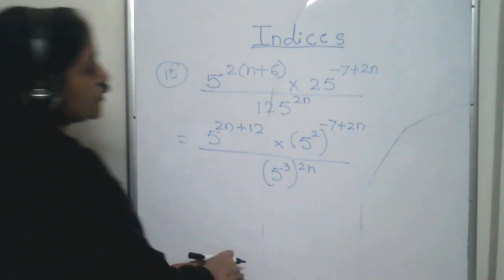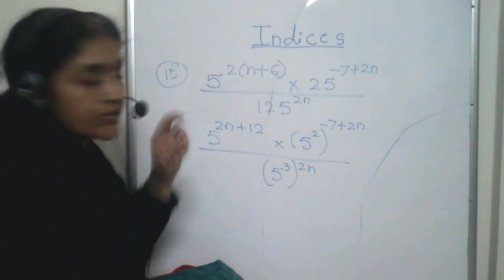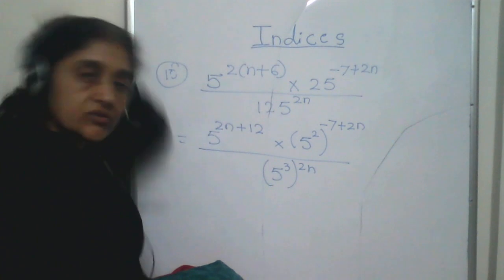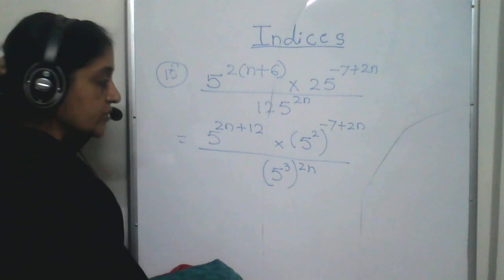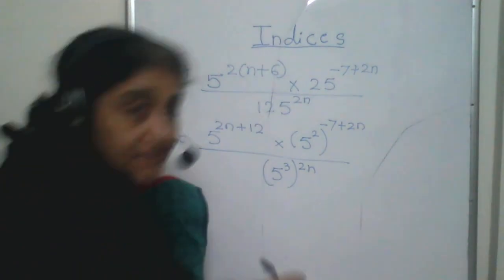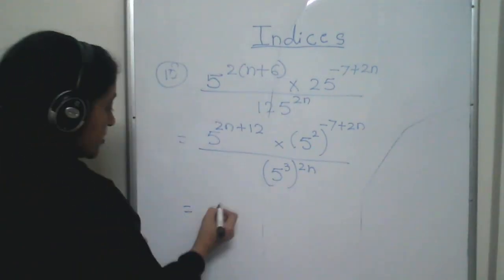Now what did we use here? We made the base with the prime factor. Now there is no law for writing it. So what you are supposed to do now is use another law that I will be writing once I use it.